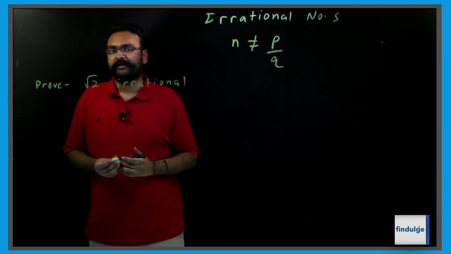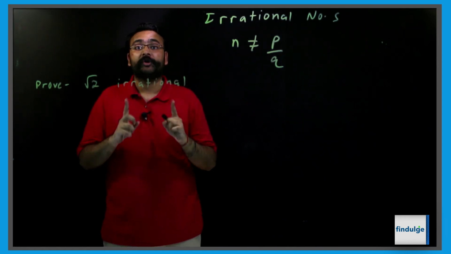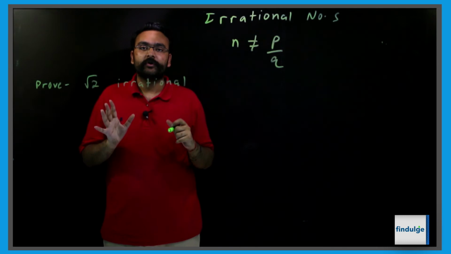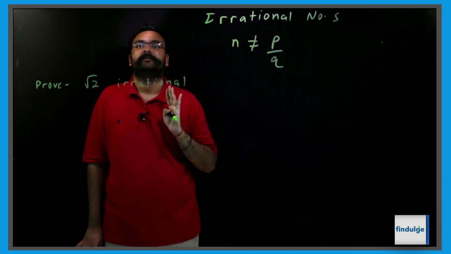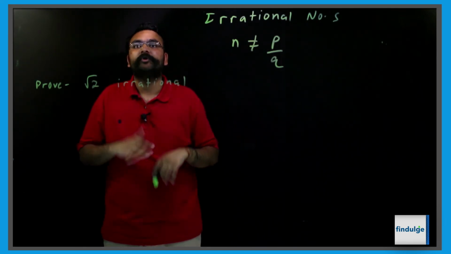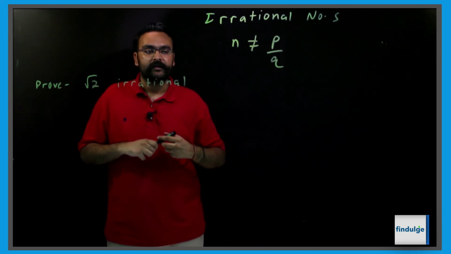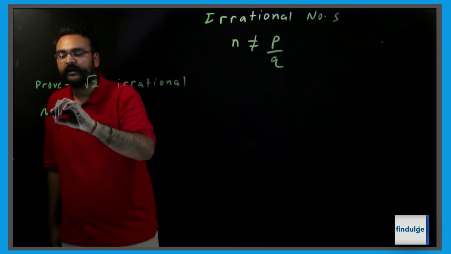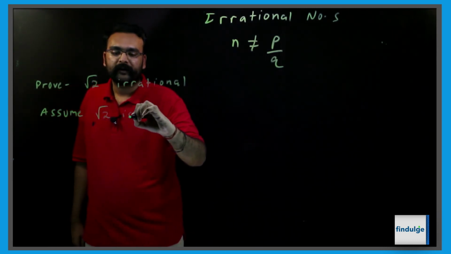The way we approach this is, we will do something known as proof by contradiction. So we'll assume that root 2 is rational, and then by manipulating it, we'll come to a case that shows that that's impossible. So assume root 2 is rational.